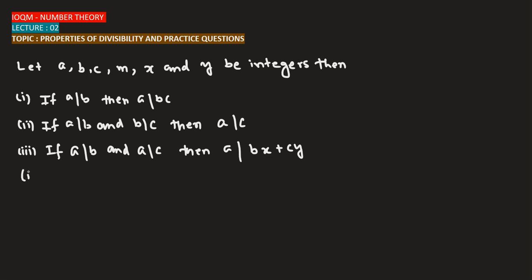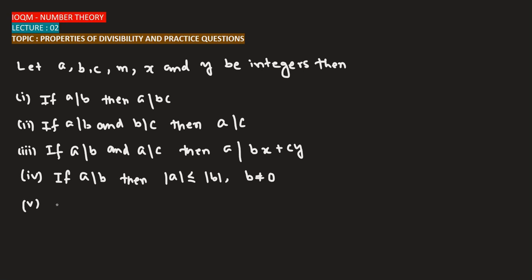Property 4: if A divides B, then mod of A is less than or equal to mod of B, provided B cannot be 0.